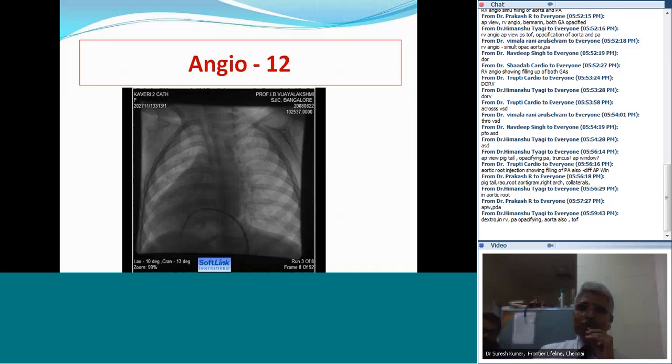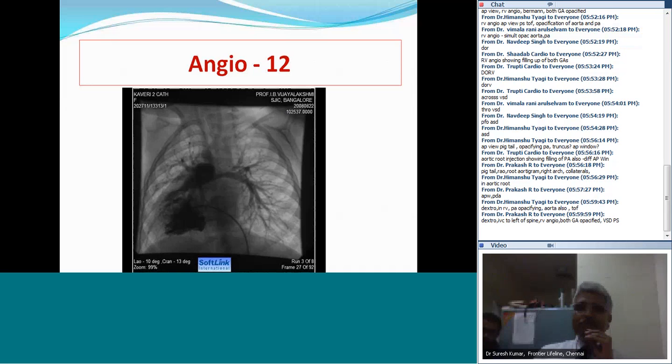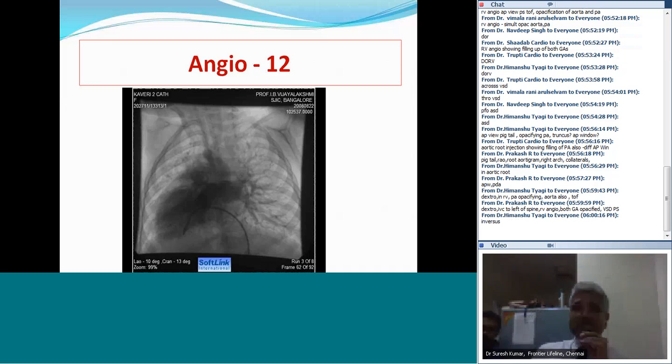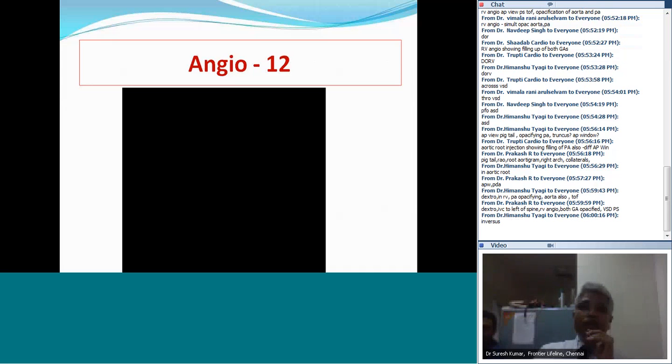When is the highest rate of progression of HCM? Is it in infancy, childhood, adolescence, or late adulthood? That's correct. So the answer is actually adolescence and early adulthood. This is the time of maximum growth of the individual that you see the highest rate of progression.